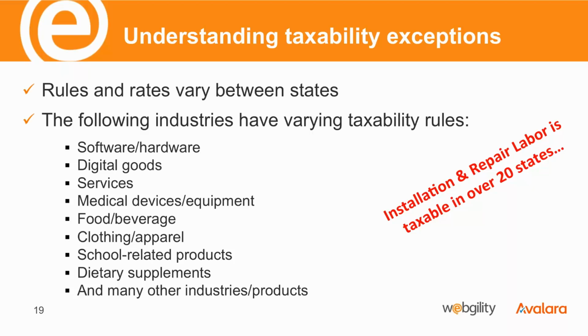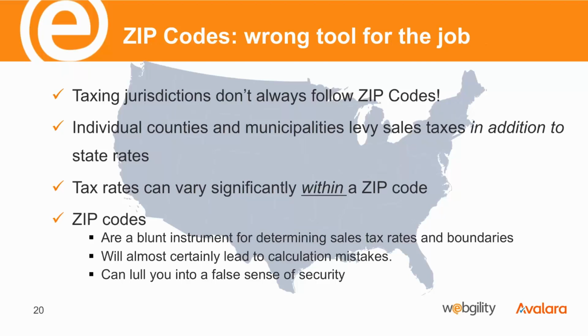And so the next step is, okay, I know where I have nexus, and I know what products I have and how they're taxed. What rate am I going to be charging for this? A lot of people use tax tables based on zip code, and that gets you about 80% of the way there. But if you really want to be accurate, a zip code isn't going to get there.